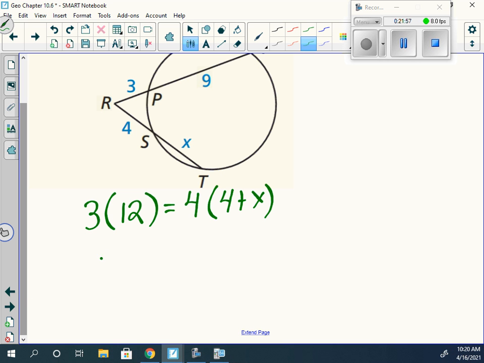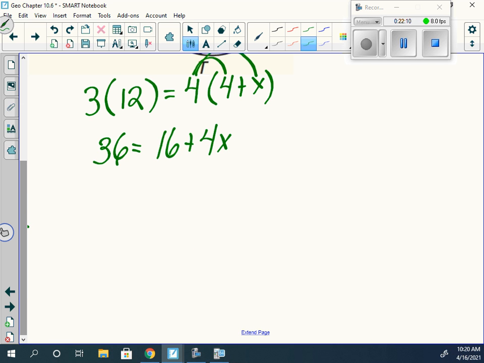So we can do 3 times 12, which would be 36, equal to, because we multiply through, 16 plus 4x. And to get the 4x by itself, we would subtract 16 first. And our 16 minus 16 would cancel, leaving 4x by itself.